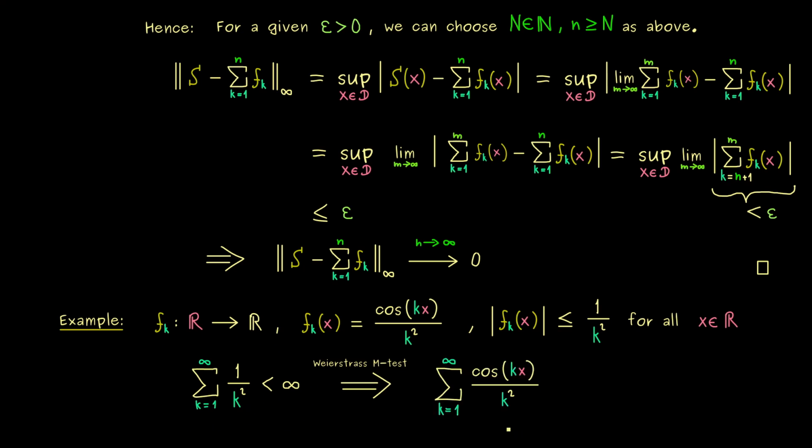Our conclusion is that this series of functions is uniformly convergent. And indeed, this is really helpful as a result, for example, when you want to calculate the derivative of this function. And something like that you can find in my Fourier transform series. In fact, exactly this result here plays a crucial role there.